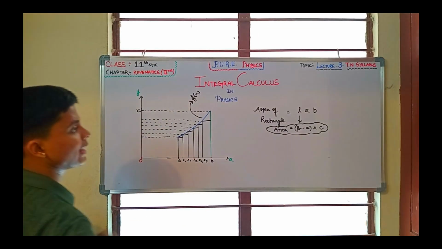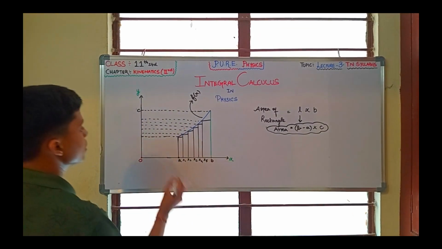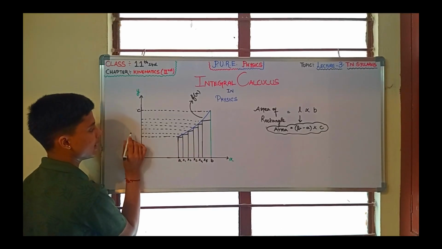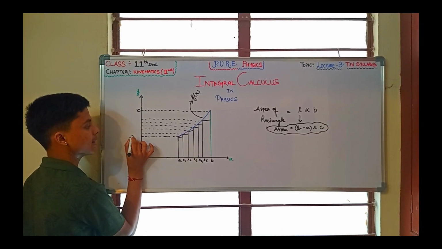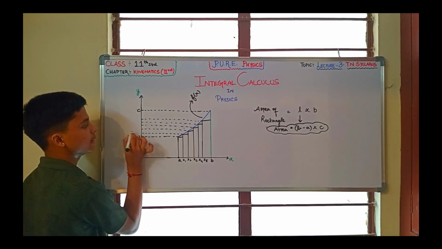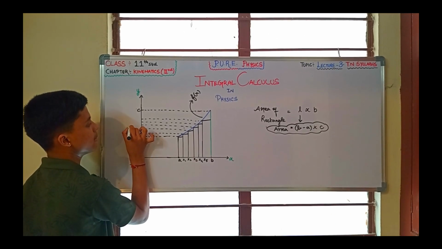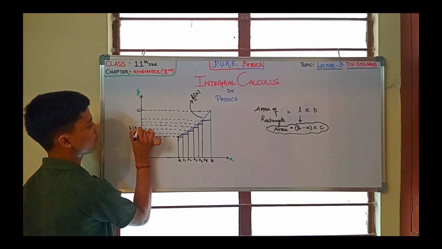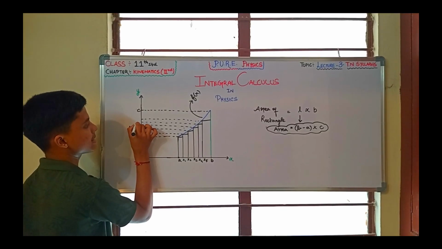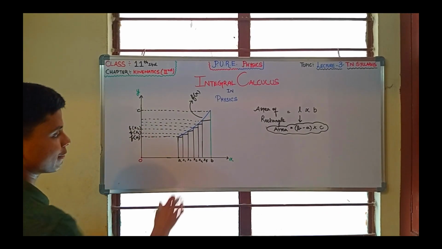So in order to find the area, I'm going to use this formula. So this line will be named on the y-axis as f of a. This will be f of x1. This will be f of x2. Like that, there will be x3, x4, x5. Right? There are 5 lines.